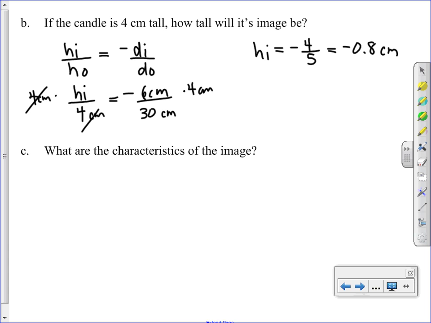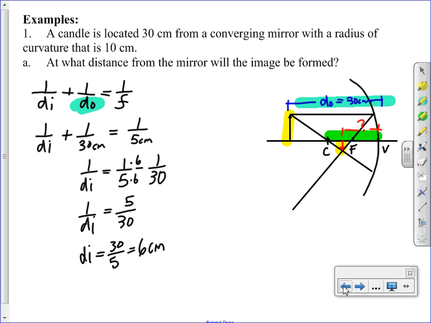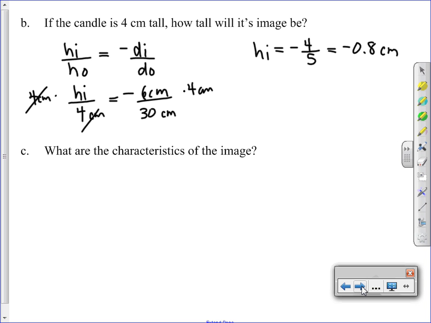Now, what are the characteristics of the image, and what do the values that we got tell us about the characteristics? Well, the first one we've already talked about. If it's a positive image distance, our rules say that that means the image is real. If the height of the image is smaller than the height of the object, we have a diminished situation, definitely smaller.